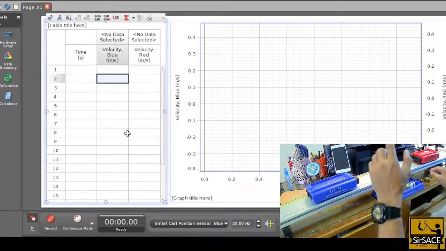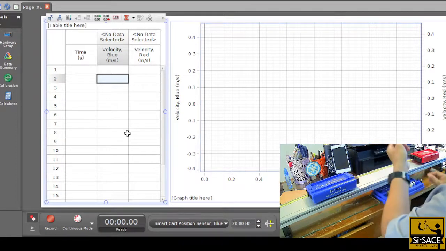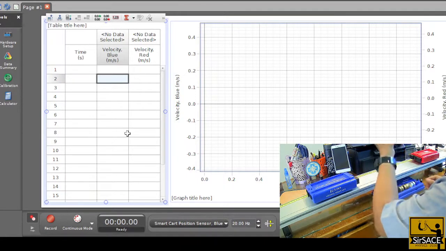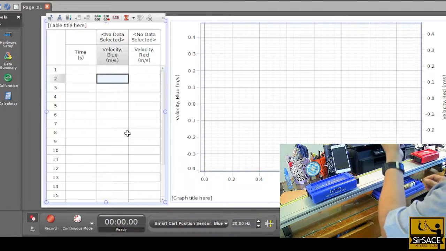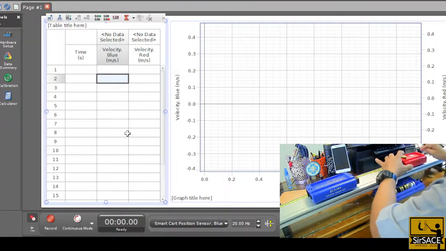Okay, for the second trial, the added load is 100 grams, added to the red cart. So it's now 250 plus 100, which becomes 350.